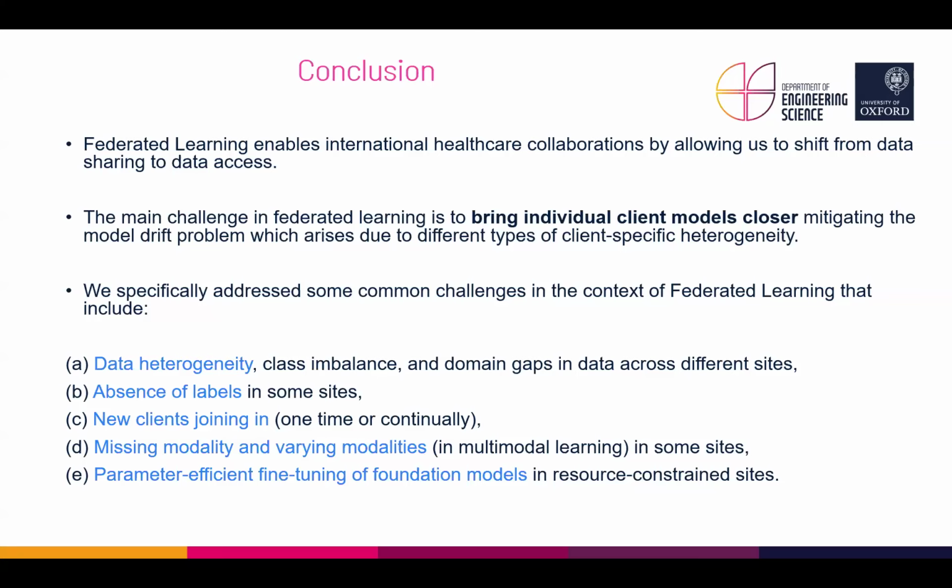What happens if we have missing modalities across different multimodal clients? What if we have varying modalities like the MRI study that we showed? And what if we have heterogeneity in terms of resources? That is, some clients have higher resources, some clients have lower compute or resources, and then accordingly we have to select what layers or what parameters we can train. How can we deal with that in a federated learning setup and still try to achieve the best of both worlds? That's it from my side.